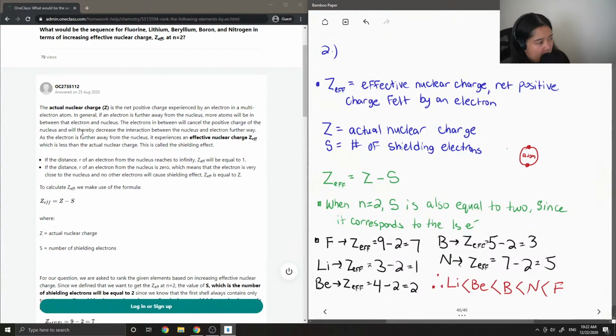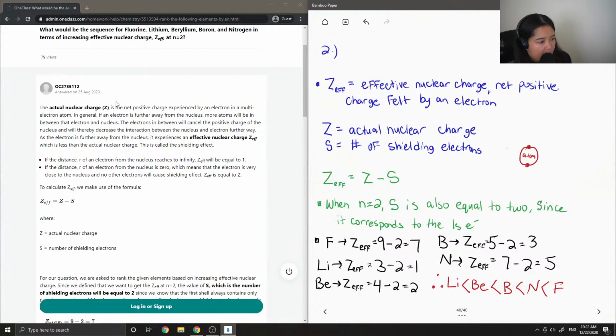Okay, so the junior tutor said the actual nuclear charge, Z, is the net positive charge experienced by an electron in a multi-electron atom. In general, if an electron is further away from the nucleus, more electrons will be in between that electron and the nucleus.